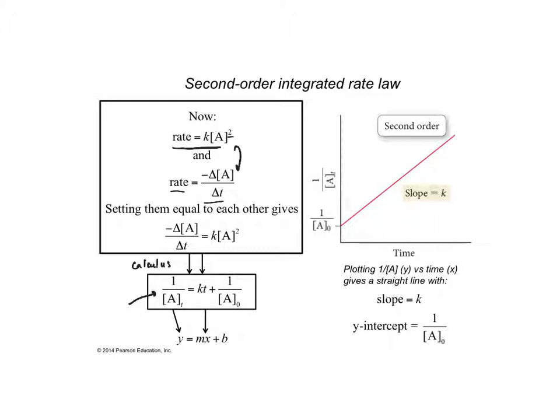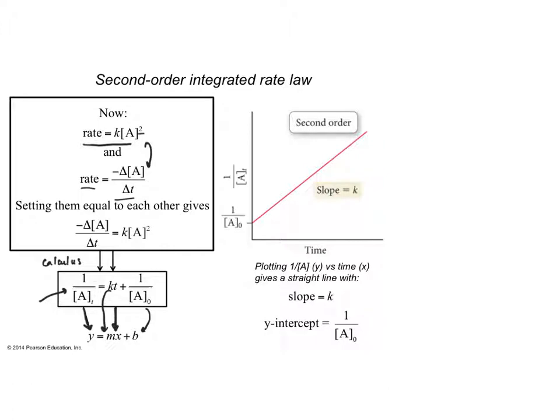Okay, and again, this takes the form of a straight line equation where the y is 1 over concentration and the x is time again. Okay, so now the slope is directly equal to the rate constant, and the y-intercept is 1 over the initial concentration. Again, how would you actually utilize this?